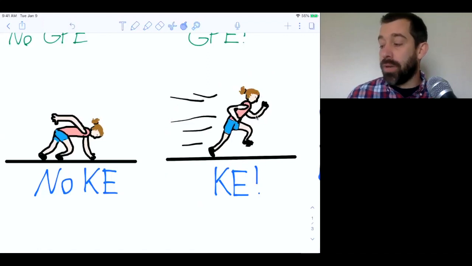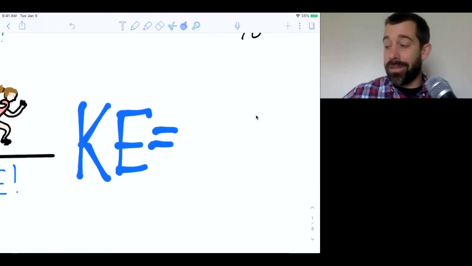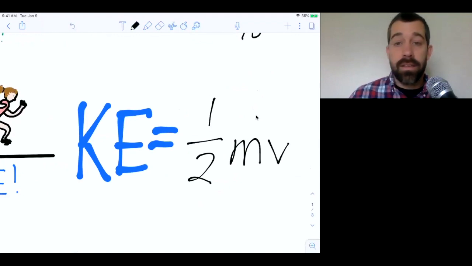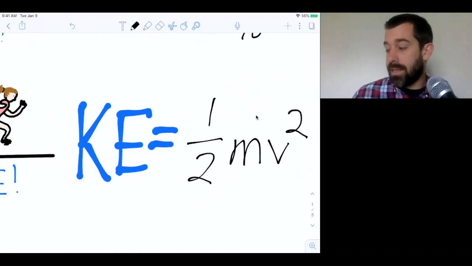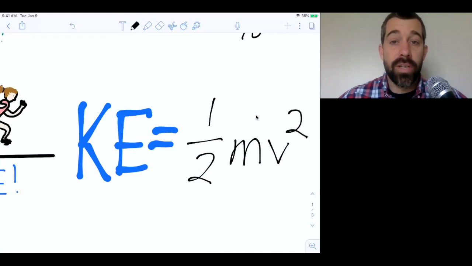Which also brings us to a reminder of the equation for kinetic energy. The equation for kinetic energy is 1/2 of the mass times the velocity squared. Very important to realize that it is velocity that is squared in this equation, not mass and velocity. It's just the velocity that is squared. So velocity is very important in this equation because it does get squared.